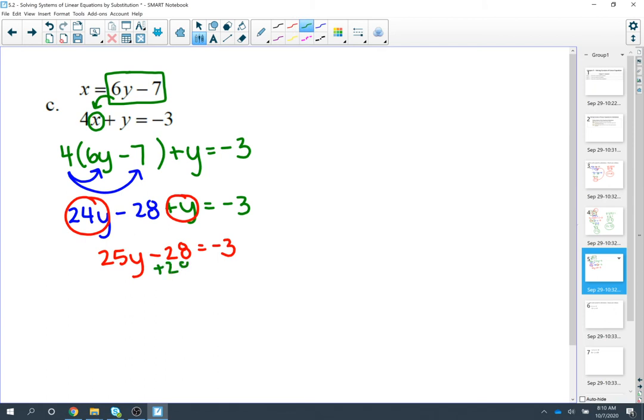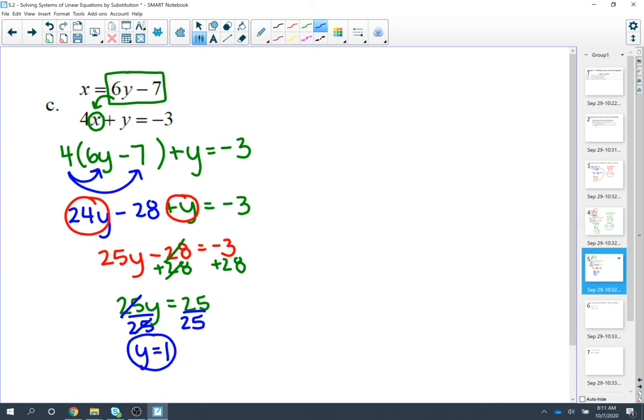Add 28. So then 25y equals 25. Divide by 25. Y equals 1. Then we have to go back and substitute that because we have to find x.